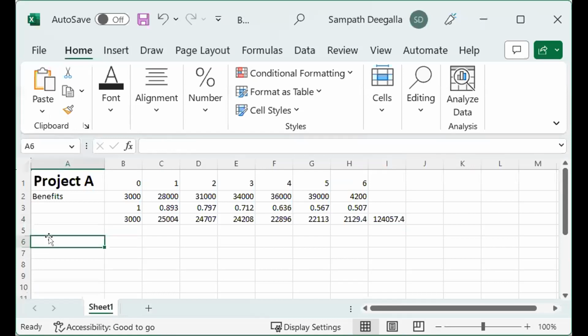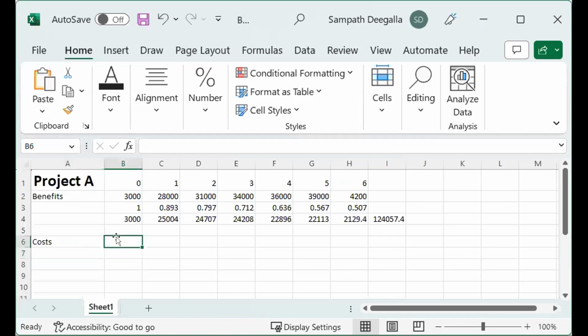Next one, costs. So look at the cost in project A. Right.